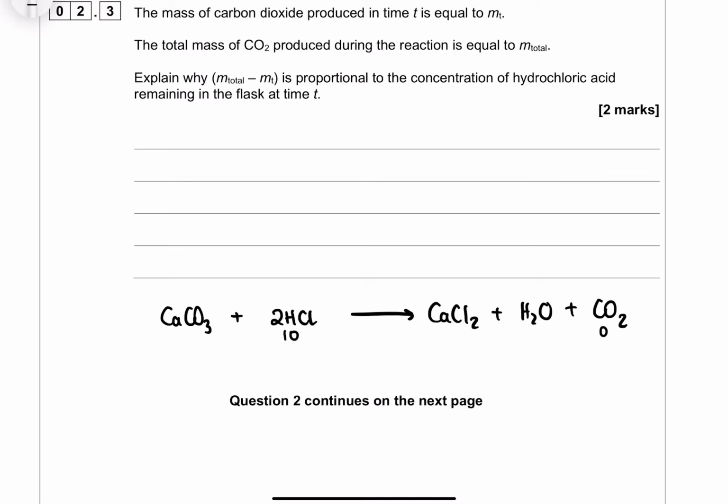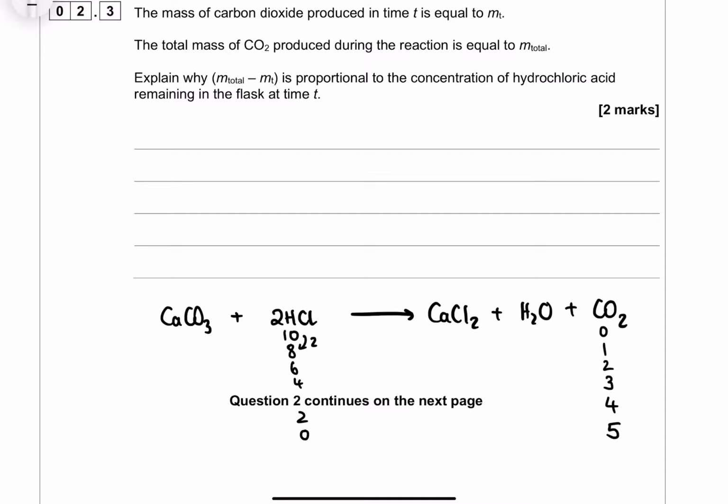And then after a little bit of time, if this has gone down to 8, this will have gone up. So we've used up 2, we'll have made 1. And then if we use up another 2, we'll have made another 1, and another 2, another 1, and another 2, another 1, and so on until all the HCl is used up and we've made CO2.